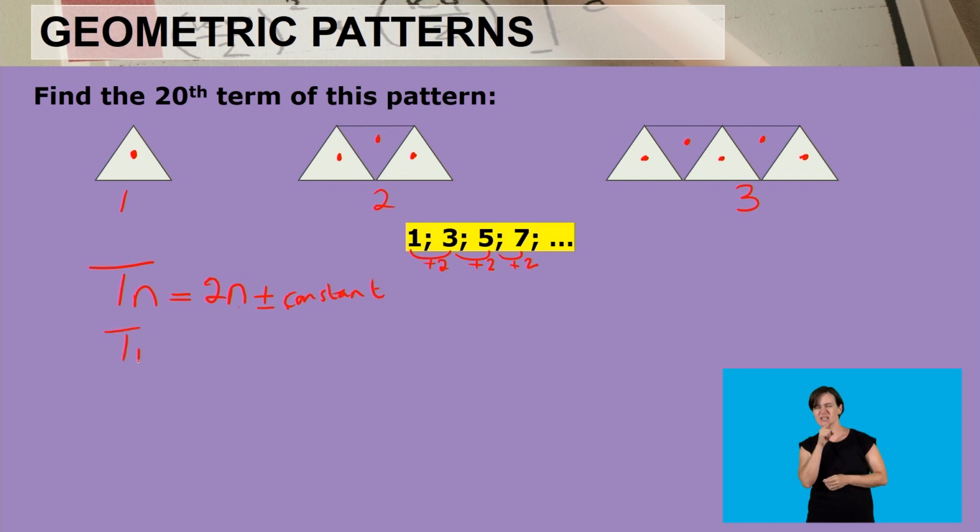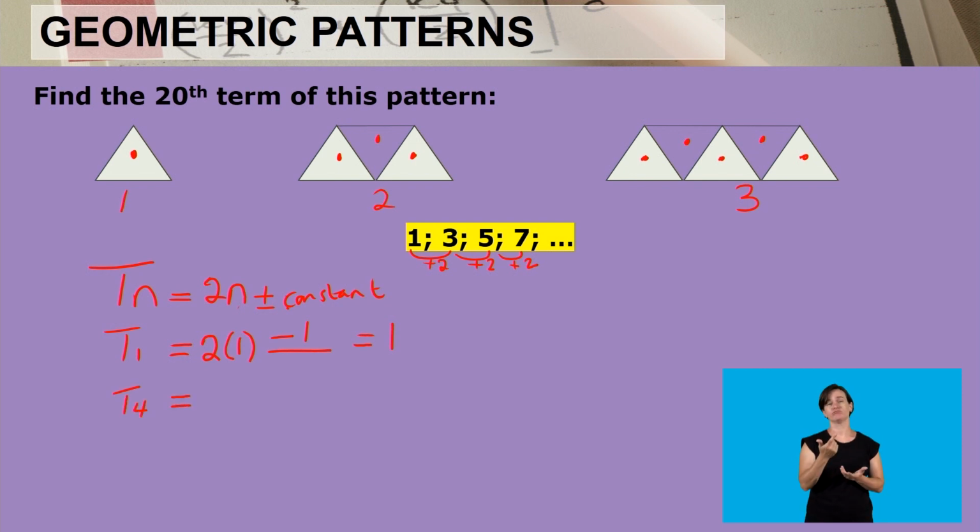So we are going to test that with the first figure. Now the first figure only has 1 triangle. So remember, we are going to say the constant difference of 2 multiplied by the 1, add or subtract something so that we can get to our 1. So 2 multiplied by 1 is 2, and then we are going to subtract 1 to get to 1. What about the fourth figure?